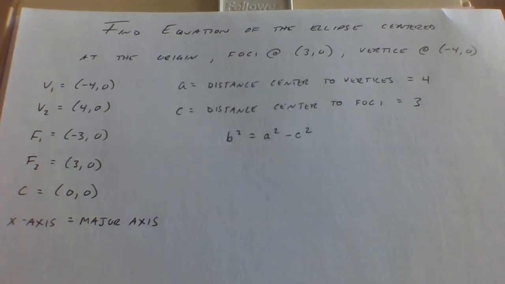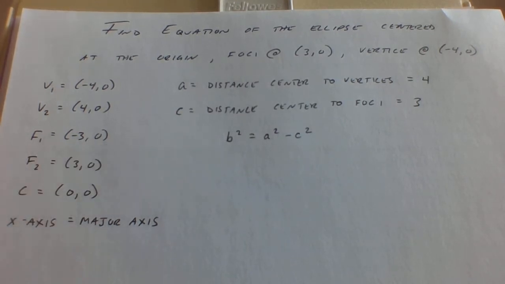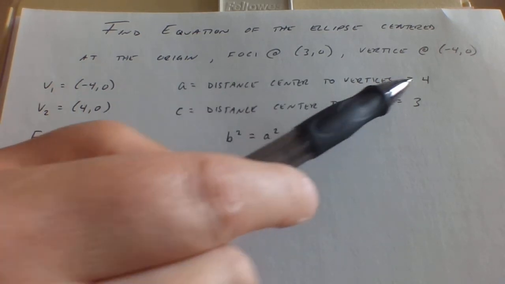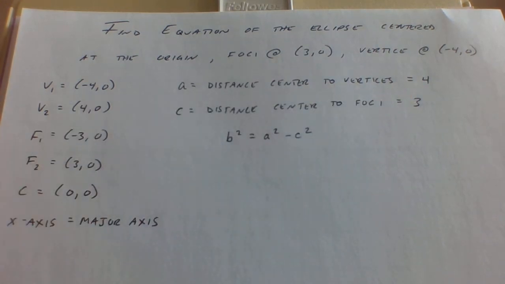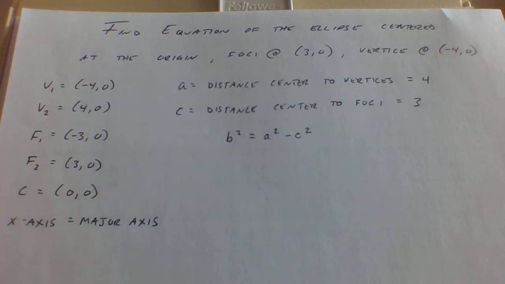And in order to get my b value, I'm going to be using the formula b squared equals a squared minus c squared. I know my a squared value is going to be 16, that would be 4 squared, and my c squared value is going to be 9, 3 squared. I can subtract those two numbers and take the square root to get my b value.